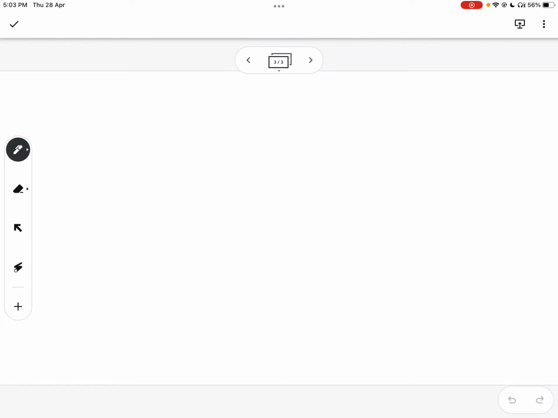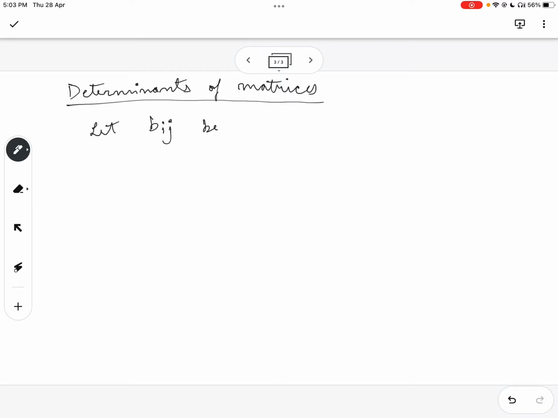This Eijk has another very important application: to write the determinants of matrices in component form. So let Bij be a 3 cross 3 matrix.